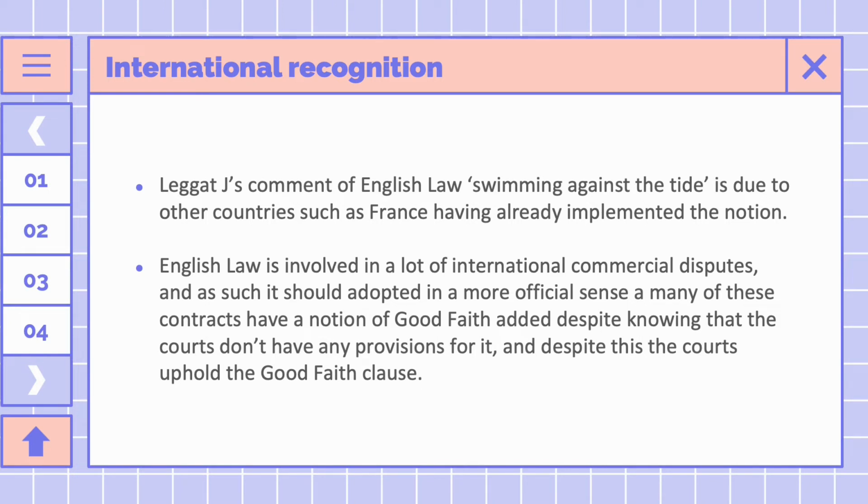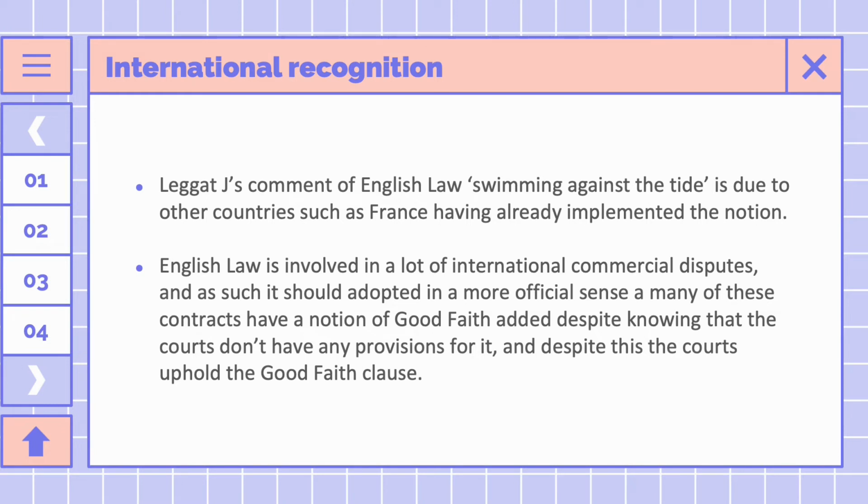The reason why this puts English law in a very unique position is that English law and English courts are chosen to deal with a lot of international commercial disputes. Because of this, many of these contracts will include notions of good faith.